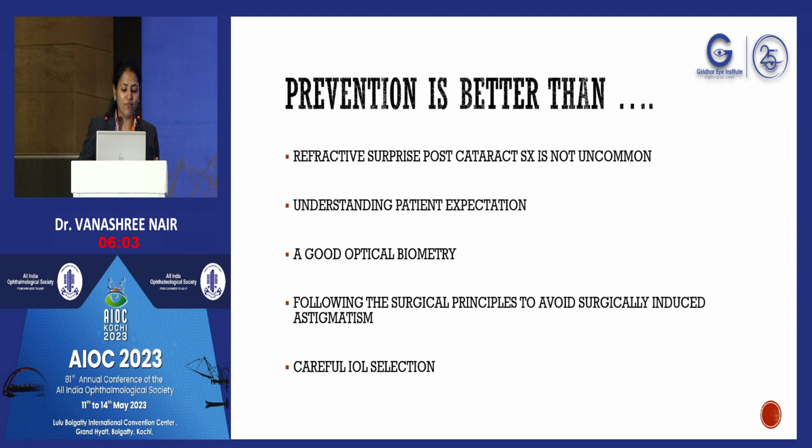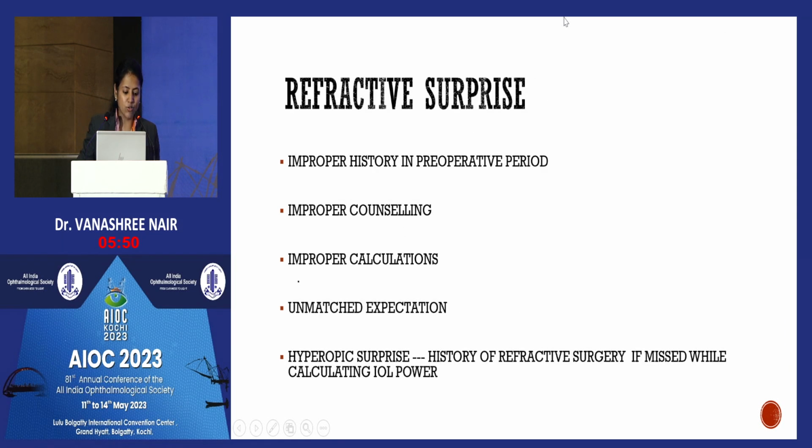We need to understand the patient's expectations, have chair time, find out what the patient requires, do a good optical biometry, perform the perfect surgery, and of course careful IOL selection. Where we can go wrong is again improper history, improper counseling, improper calculations, and unmatched expectations.